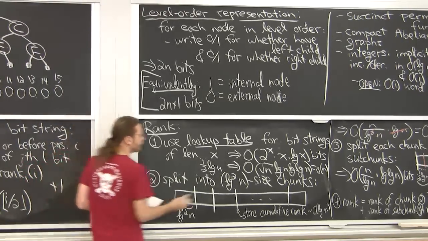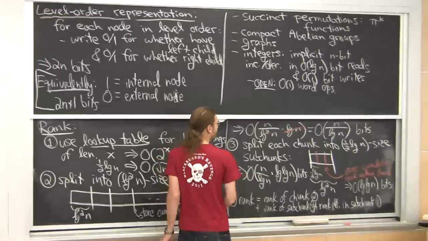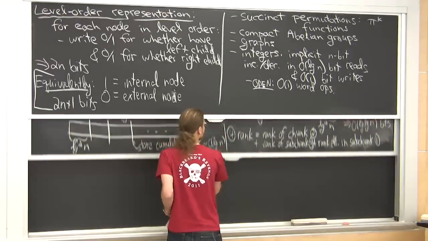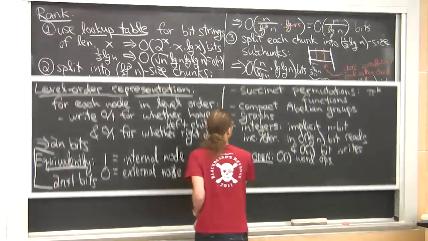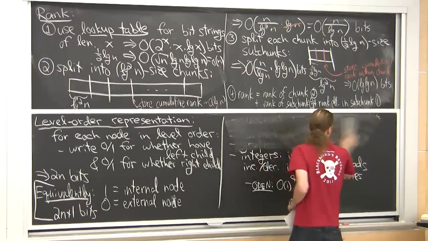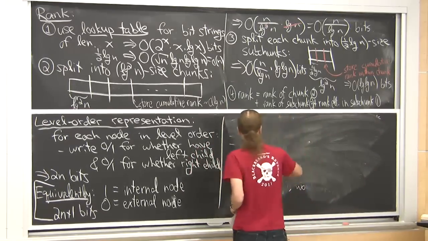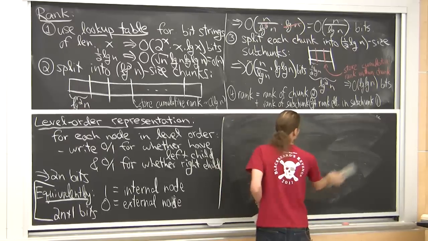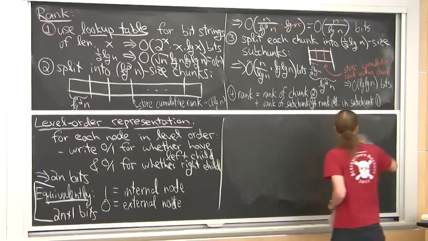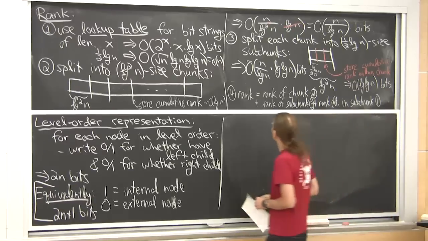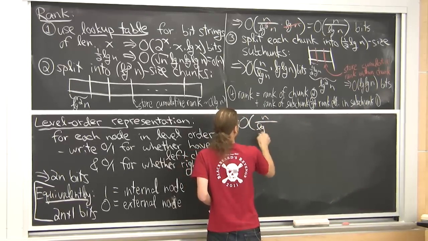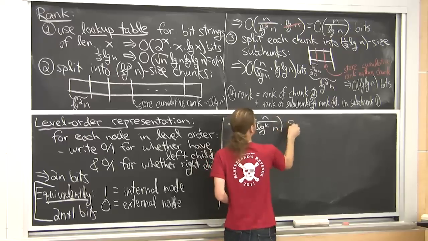If you're concerned that n times log log n over log n is not very sublinear, you can do a little bit better using fancier tricks. Namely, you can achieve n over log to the k n space, for any constant k.